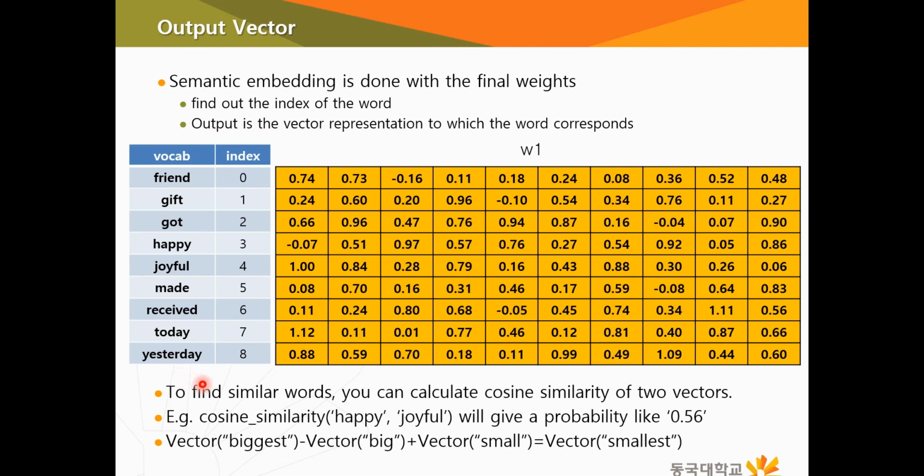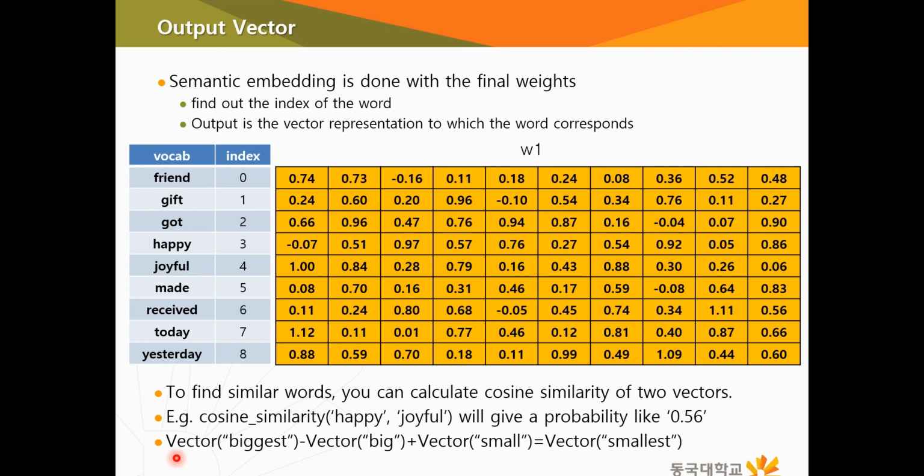So with this vector space, if you want to find similar words, you can calculate the cosine similarity of two vectors. For example, if you take the cosine similarity of happy and joyful, it will give a value like 0.56. In addition to finding similar words, you can also find the context of a word.